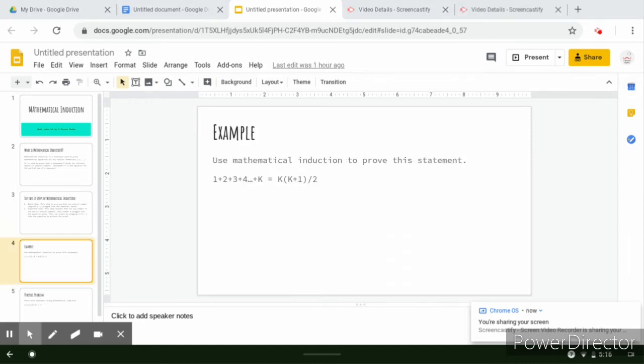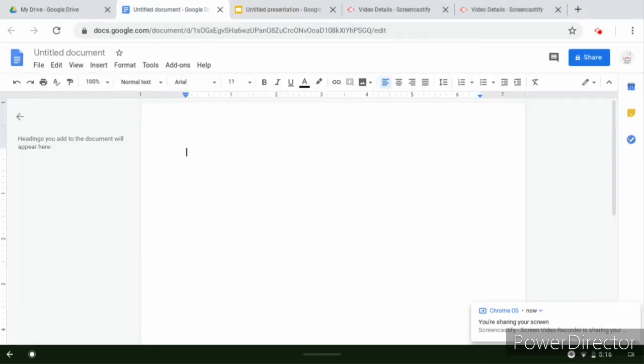Okay, let us use an example to show the process of mathematical induction. We're using the same sequence as before. Let's go to my board and pull my pen real quick. Still 1 plus 2 plus 3 all the way to k. Now we'll first do the first step, which is the basis.